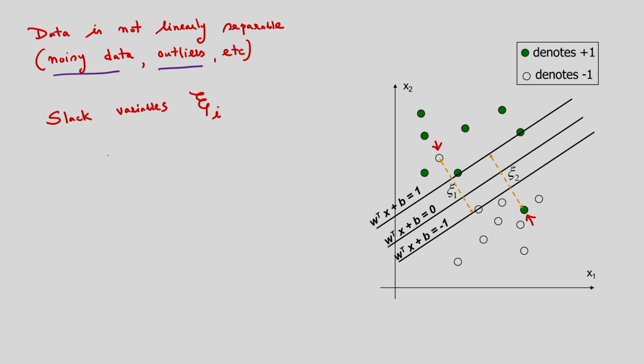Corresponding to these two points, there will be misclassification. To account for this misclassification, we consider the slack variable xi, because the misclassification takes place because of these data points. In the figure I have shown these two data points, number 1 and number 2.